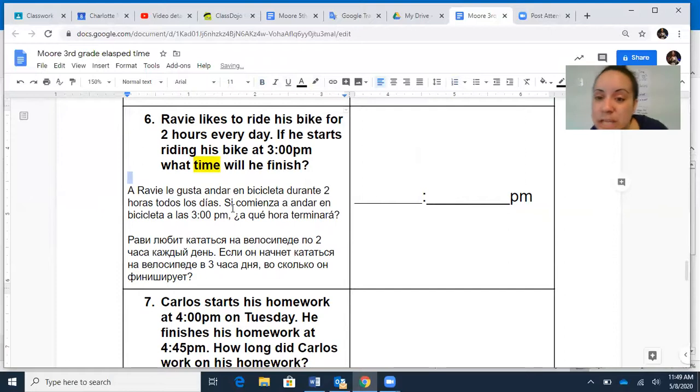What time will he finish? So if he starts at 3 p.m. and he rides for 2 hours, what time is he going to finish? Start at 3 and count up 2 more hours.